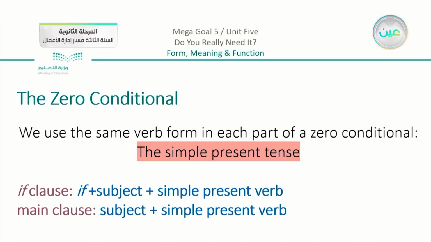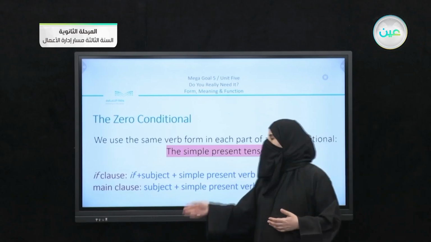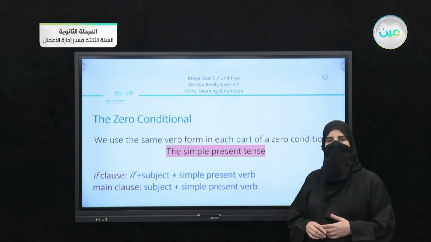We use the simple present tense, which means we have two clauses, the if clause and also the main clause. The if clause is used with the subject and the simple present verb. The main clause is also used with the subject and the simple present verb.